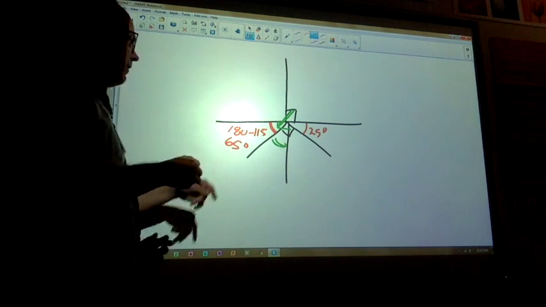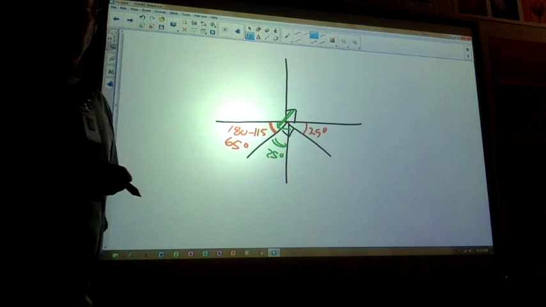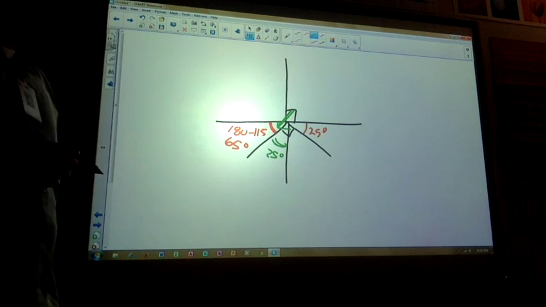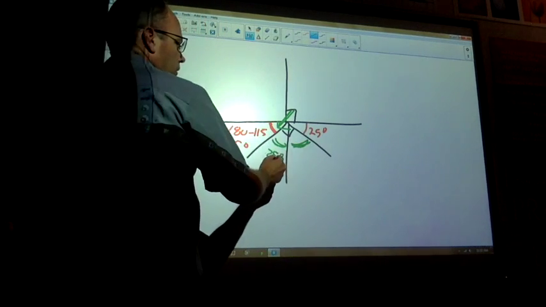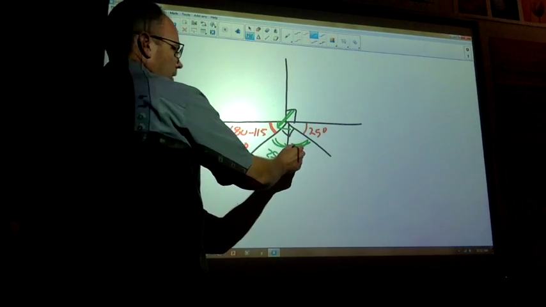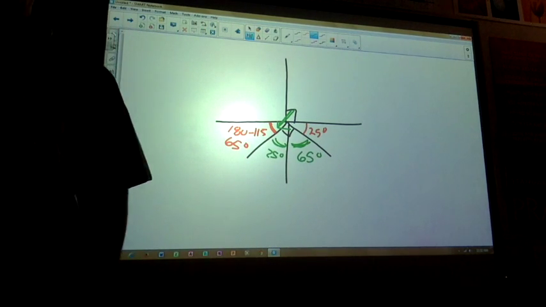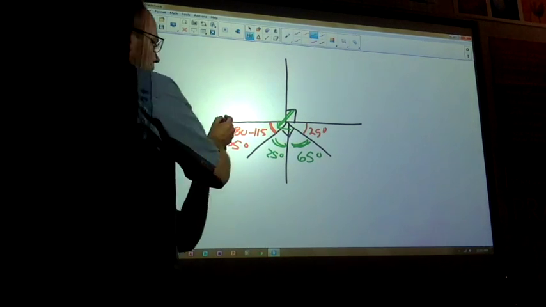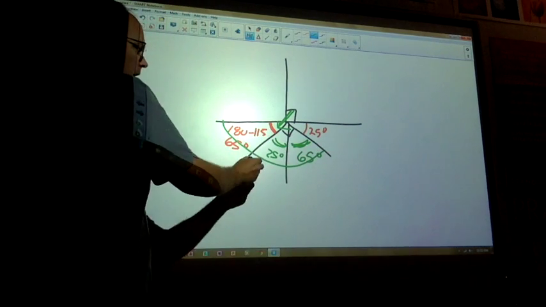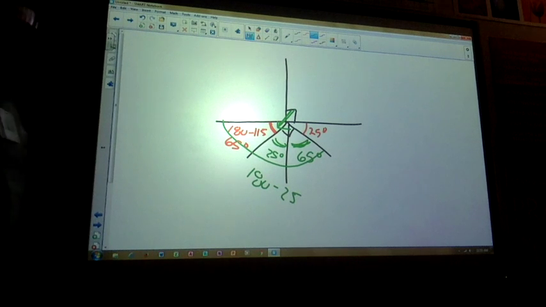So 65, that's going to be 25 degrees. And then angle 3, which is here. So this has to be 65 degrees as well because 65 plus 25 gives us a 90. ABE is this whole angle, so just subtract 180 minus 25. So that's 155.